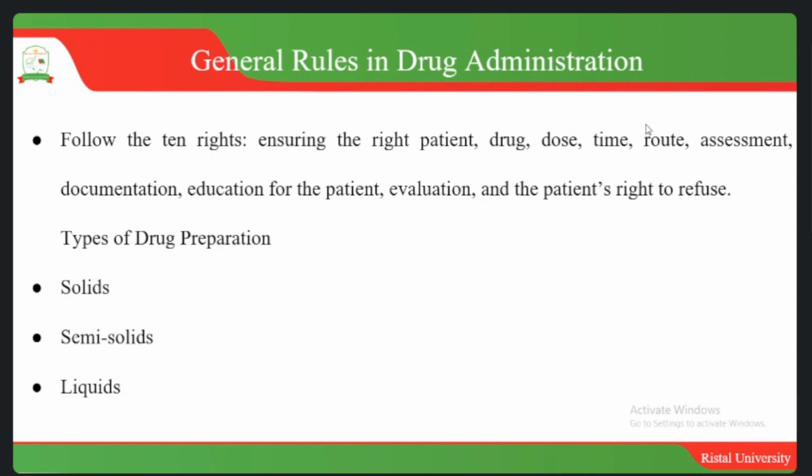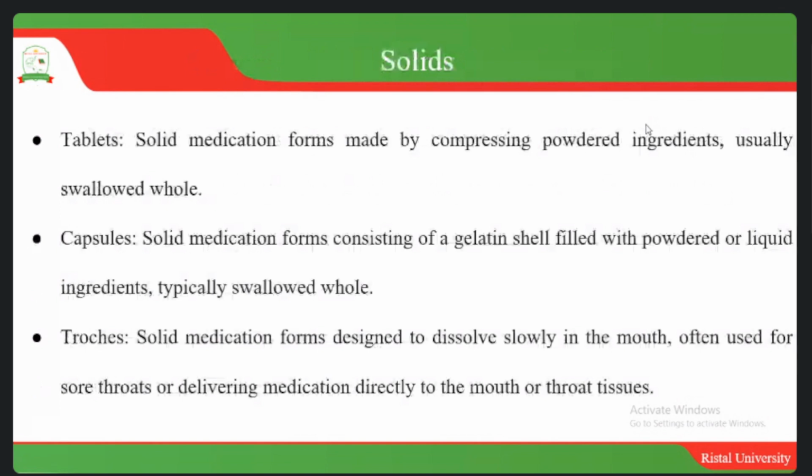Then the patient's right to refuse. They have a right to refuse, and when they refuse, we don't force them. We have to allow the patient's autonomy to be in play in relation to every kind of service that we give to them. Then the types of drug preparations: we have the solids, the semi-solids, and the liquids.